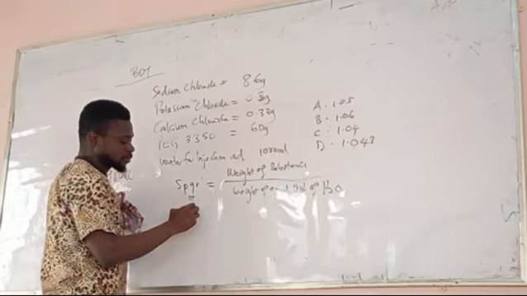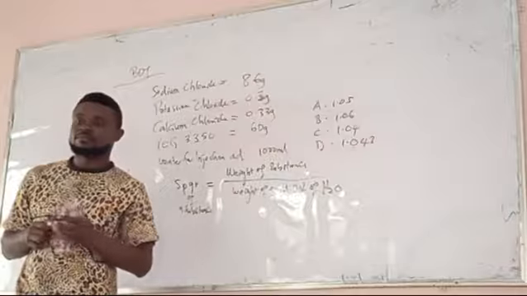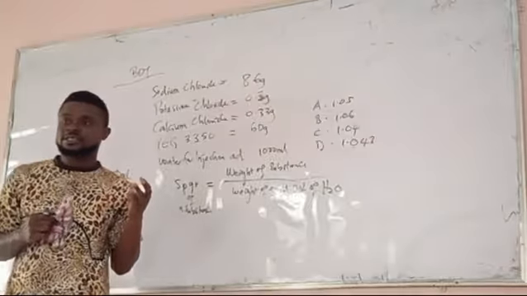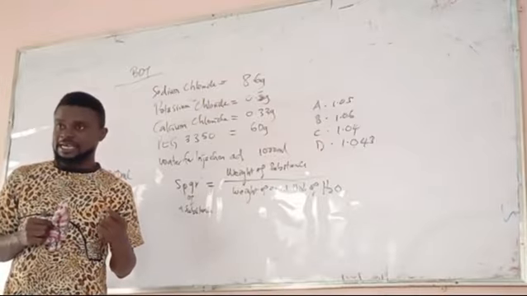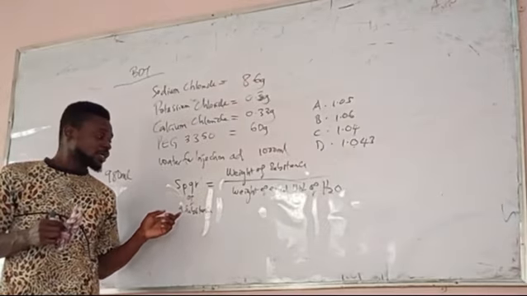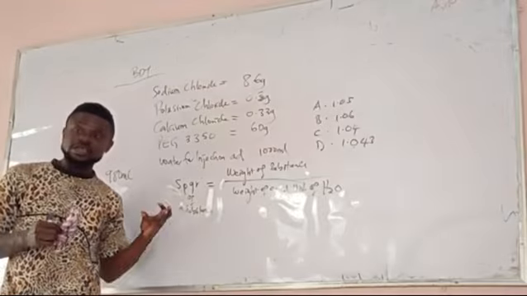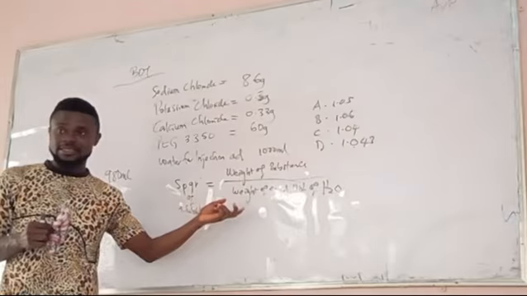The substance in question can be solid, it can be liquid, it can be gas. Is that clear? Now, if the substance in question is a solid or a liquid, the standard we use is water.